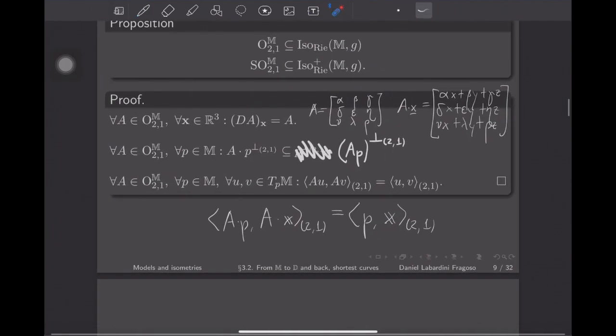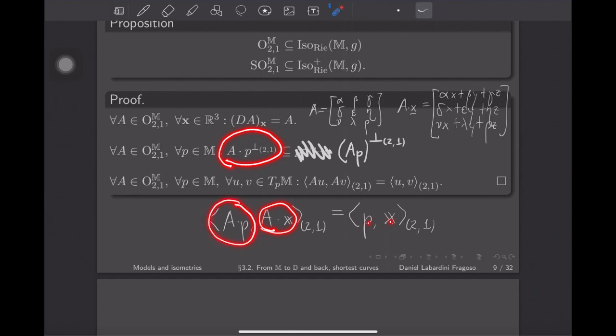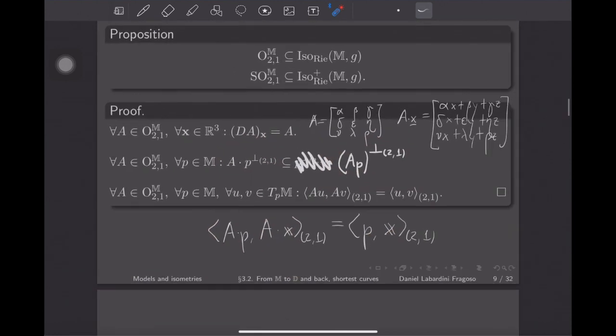Sorry about that. Because you see, if X is orthogonal to P, then its image, which lives here, is orthogonal to A dot P. Okay, so that's the correct one.